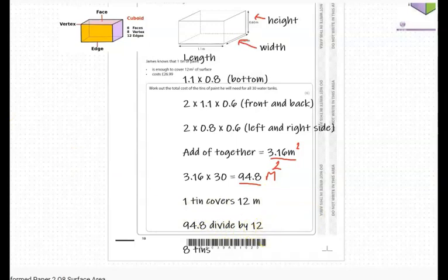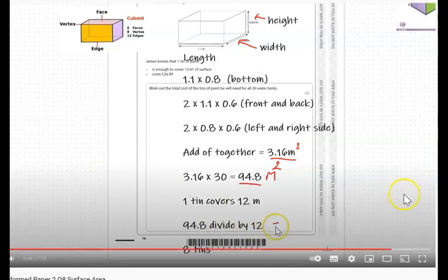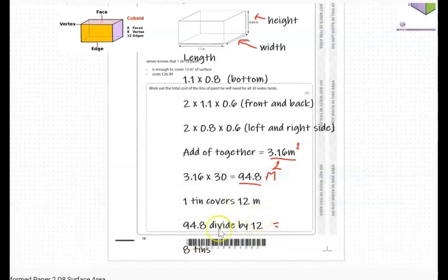If you did that on a calculator, you'd get 7.9, and that refers to 7.9 tins. But you can't go to the shop and ask for 7.9 tins. You have to go and ask for 8. So 8 is the answer for the tins.